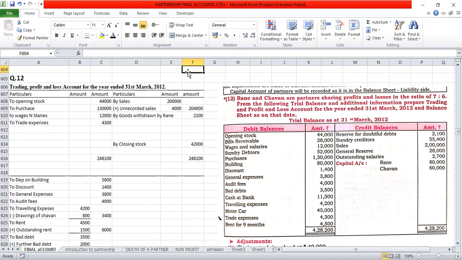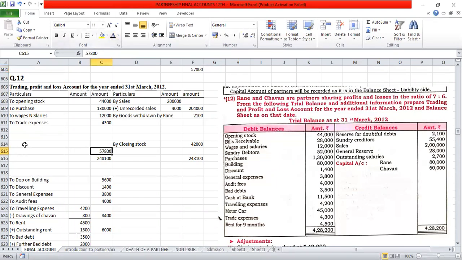Subtract it from this: 2,48,100 minus 1,90,300. How much do we get? 57,800.